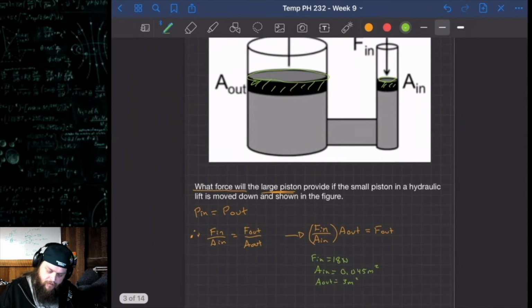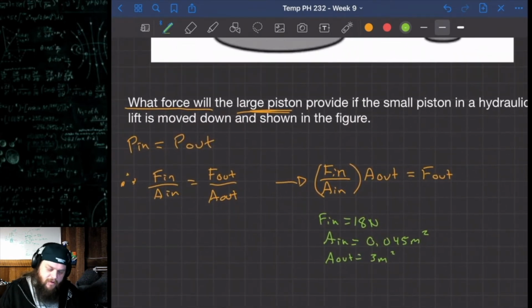Yes, I did. So plugging those values in, we get 18 newtons being the force in divided by 0.045 meters squared. That's the area in. Then that whole thing times the area out, which was 3 meters squared.